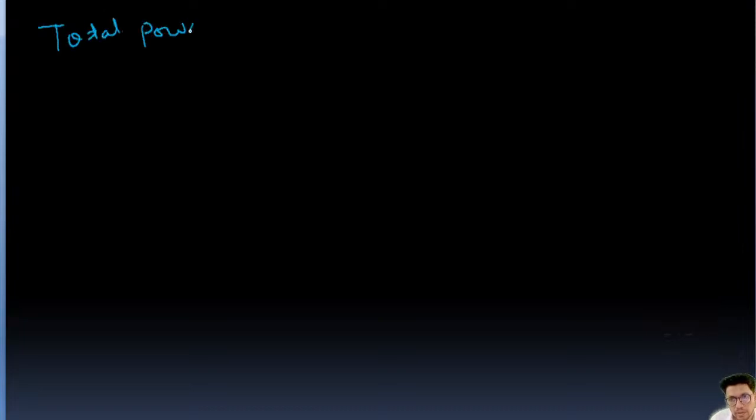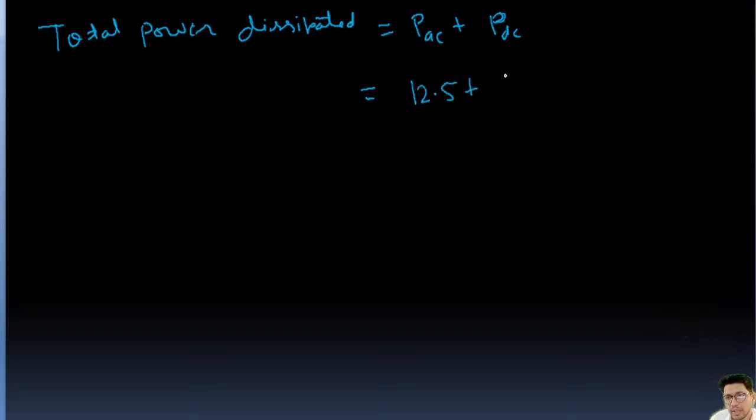It means the total power dissipated is going to be PAC plus PDC, the power dissipated due to AC current and DC current. That is going to be 12.5 plus 9, which is 21.5 watt. So this is the answer, guys.